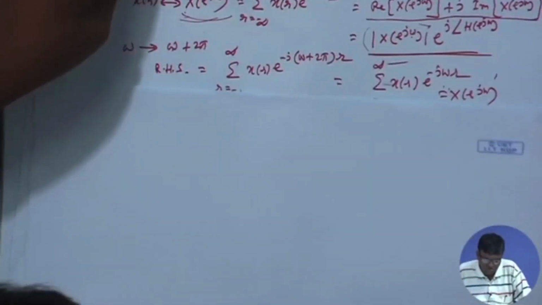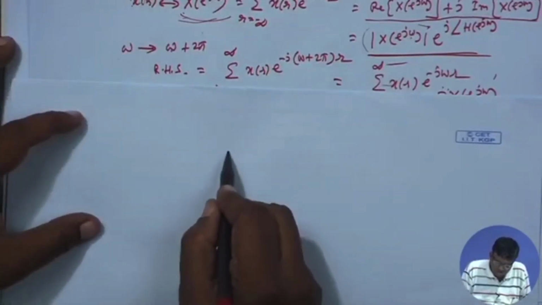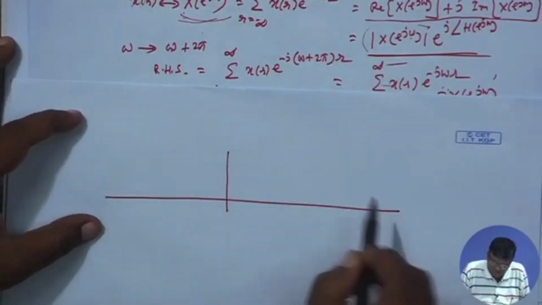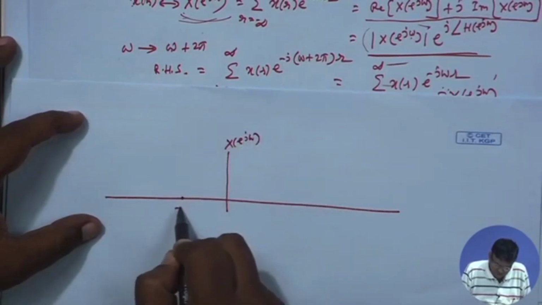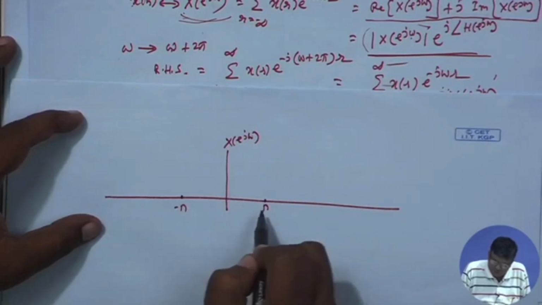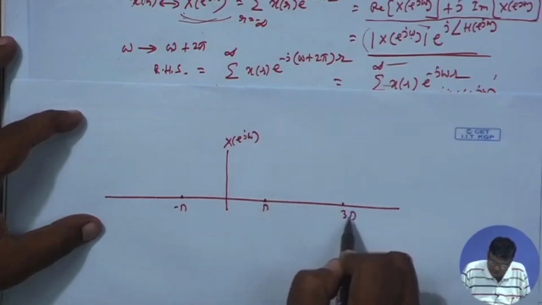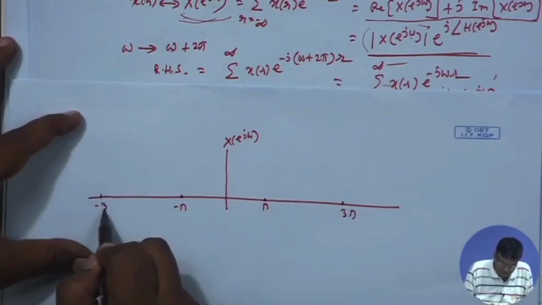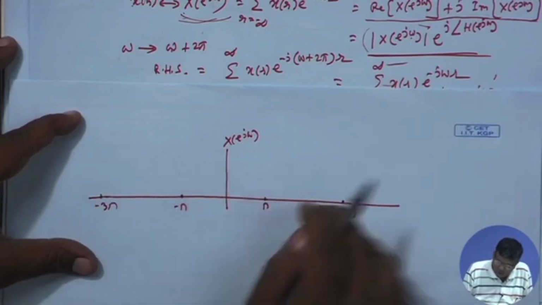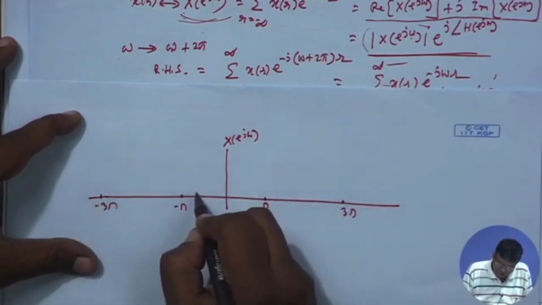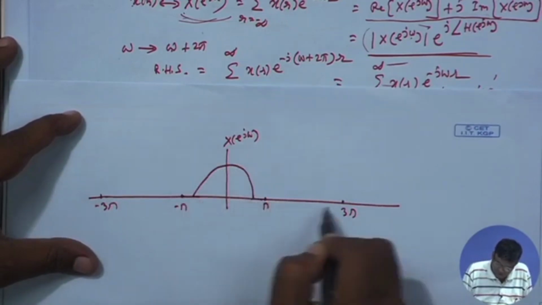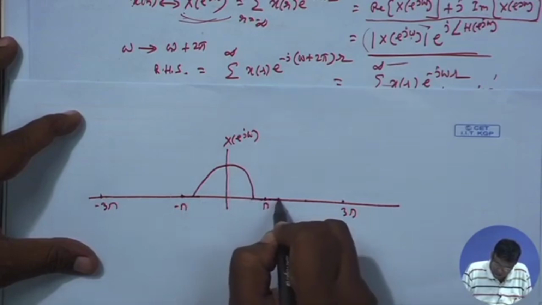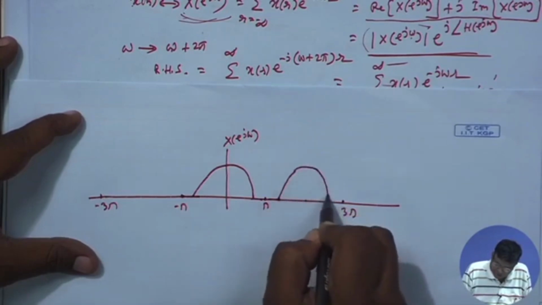Suppose minus pi to pi, that is one period, then pi to 3 pi, minus pi to minus 3 pi. So, whatever you have here, that will be repeated over this, over this. So, if you have things like this, suppose, then again here there will be a gap, it will be like this.